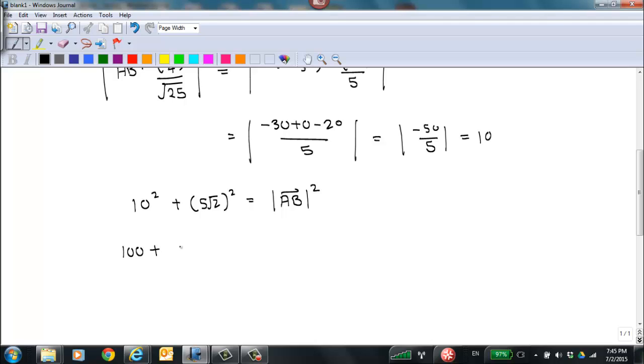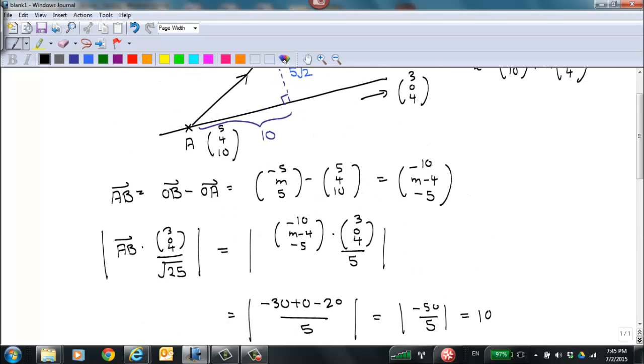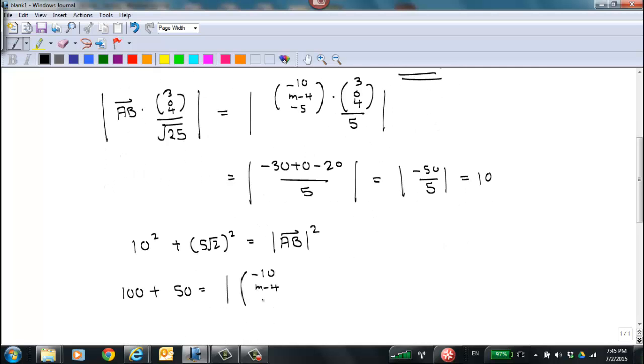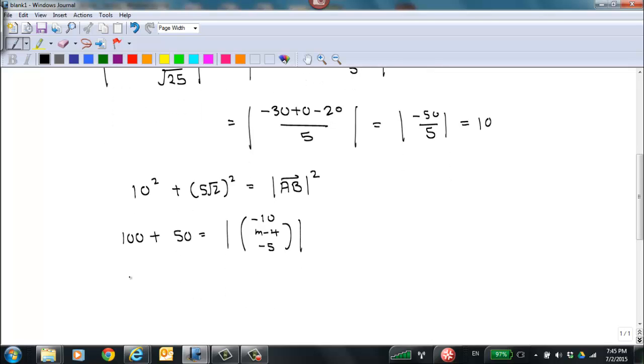So we have 100 plus 50. How do we find AB squared? If you follow just now, AB is this, so we just write it down. 150 will be equal to 10 squared plus (m minus 4) squared plus 25 squared.